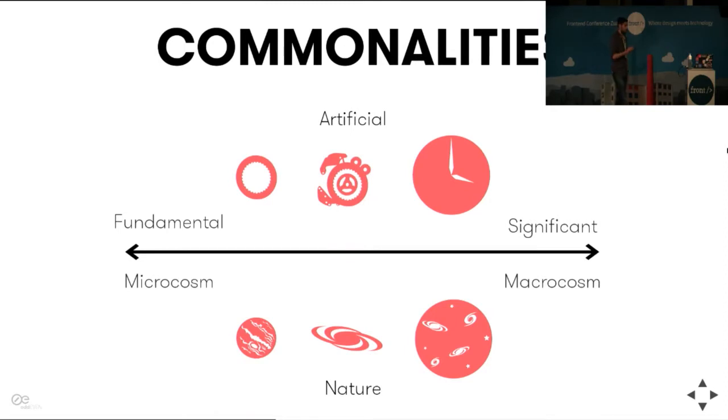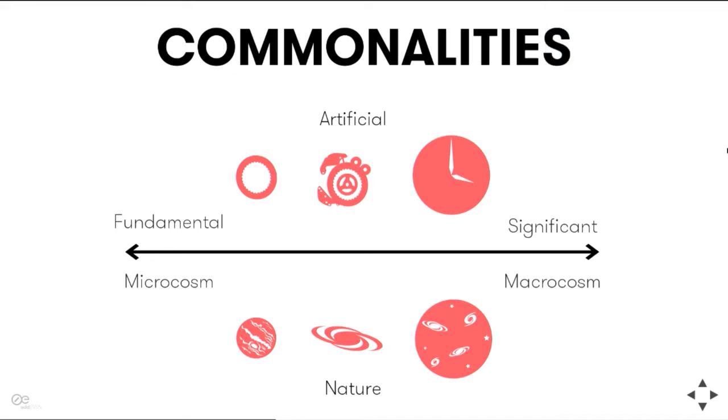So we can also see some commonalities between the artificial and nature, right? If we draw this scale in the middle, and this comes from Ken Wilber, also a philosopher from the US, we can say that we can go from very fundamental to very significant, right?